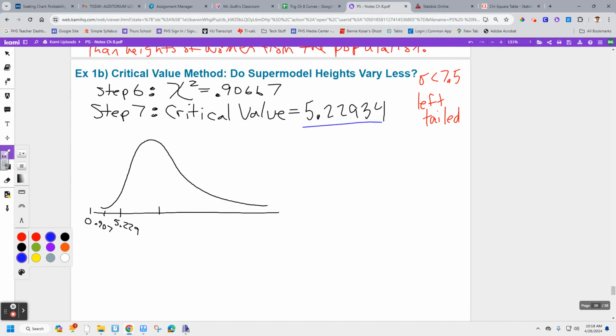If this is your critical value, then that critical value corresponds with some area right here. That area would be the p-value. But that's the critical region. Our test statistic is in the critical region.